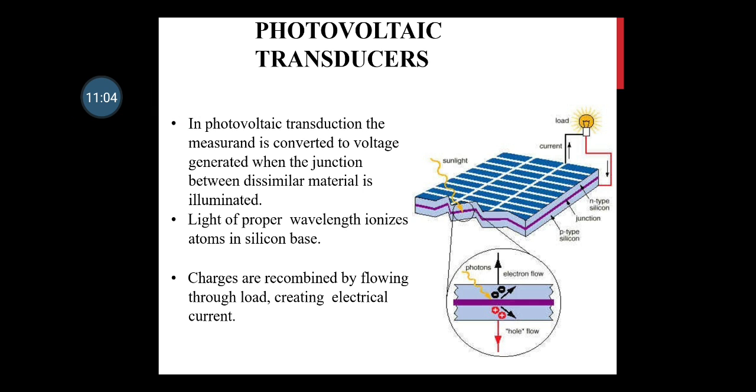This is the diagram of a photovoltaic transducer. Here you can see two extrinsic semiconductors are used to manufacture this photovoltaic transducer. The upper layer is an N type extrinsic semiconductor, and the second one is a P type extrinsic semiconductor.